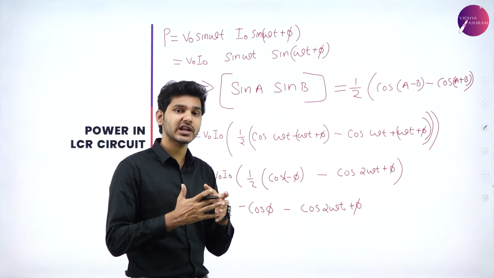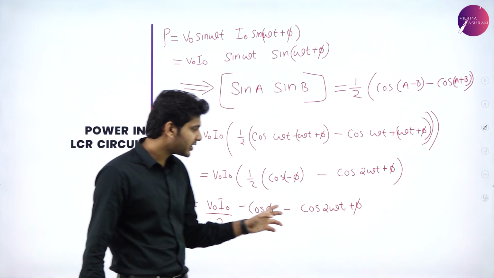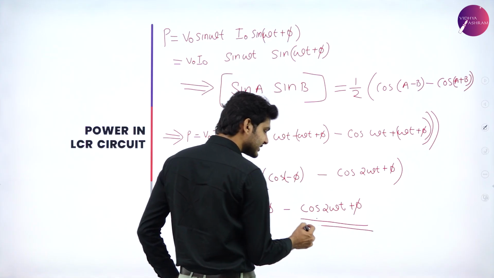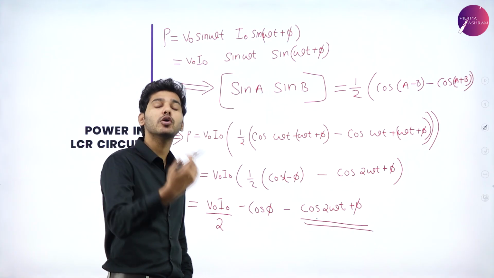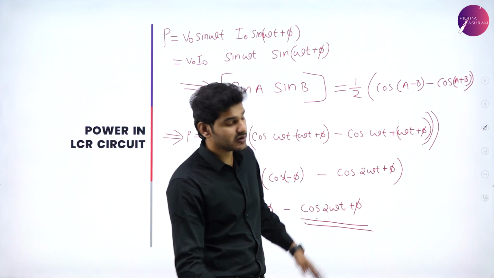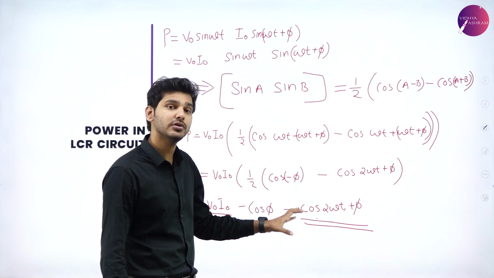So when we are considering the average total value of power, we can say that this particular quantity, that is cos(2 omega t plus phi), this term actually averages out to 0. So when we are taking the average value, this particular function will average out to 0.